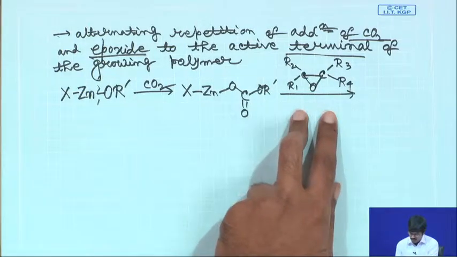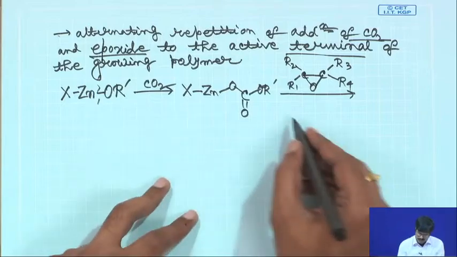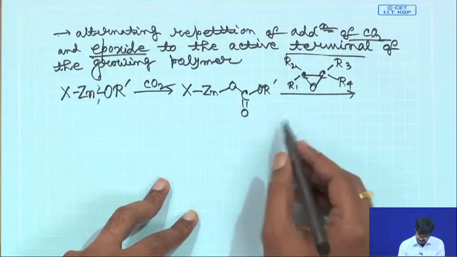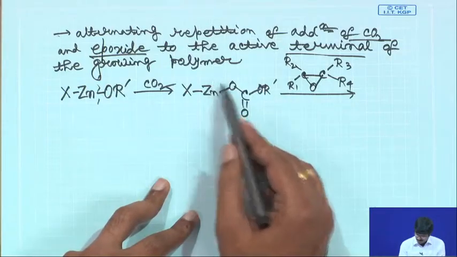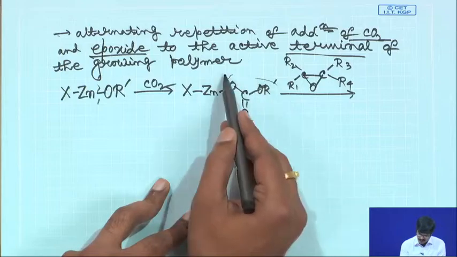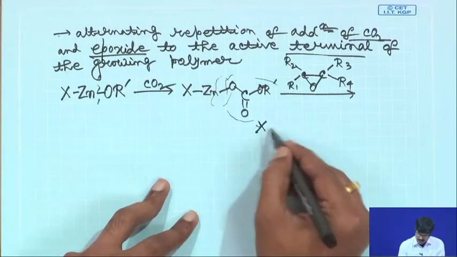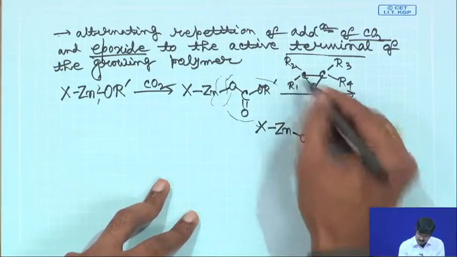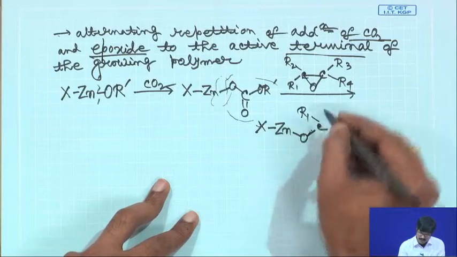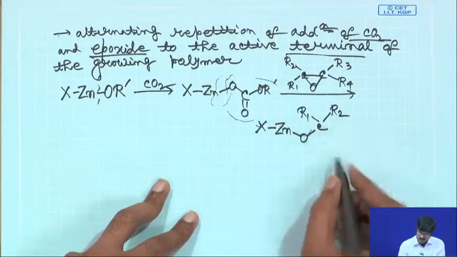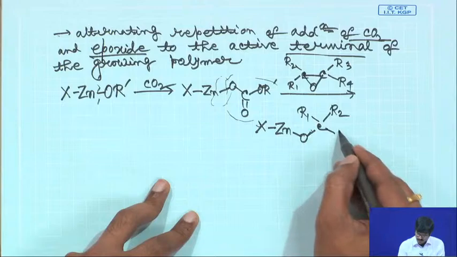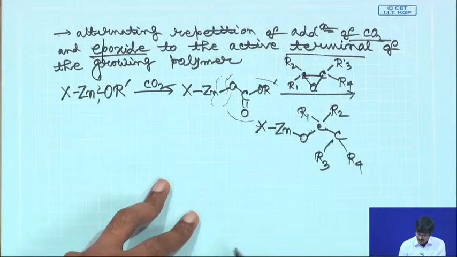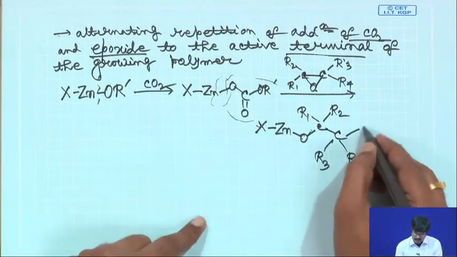So, this epoxide now will add here. So, you will have X zinc. It will open up, and this is this carbon with R1, R2, and then the other carbon with R3 and R4, and this oxygen has come here, and then this unit is there, O C O O R prime.